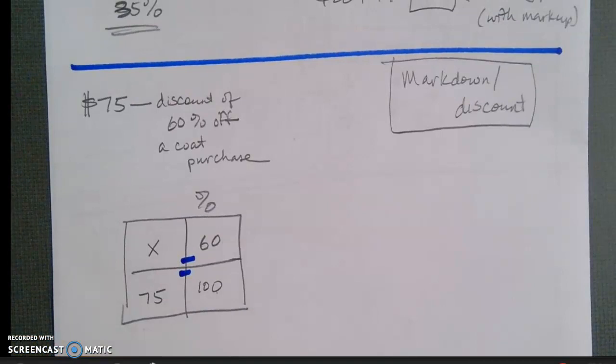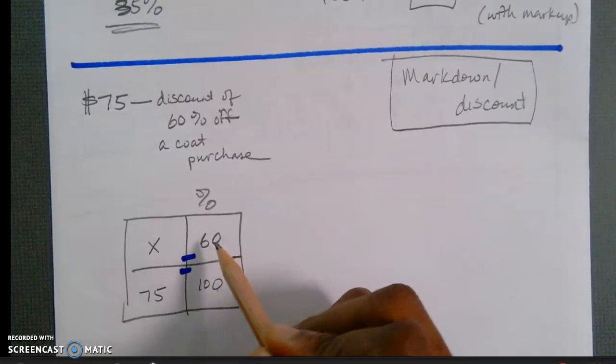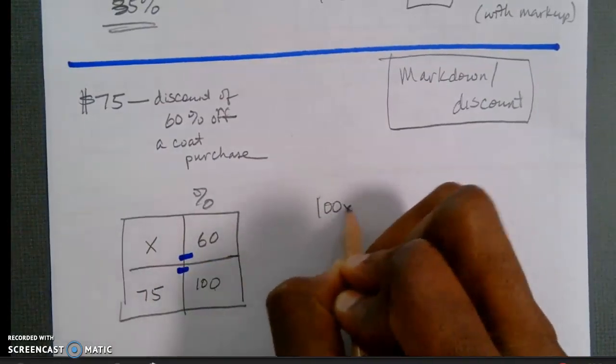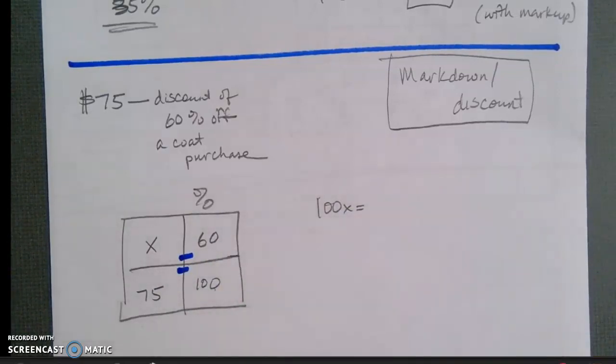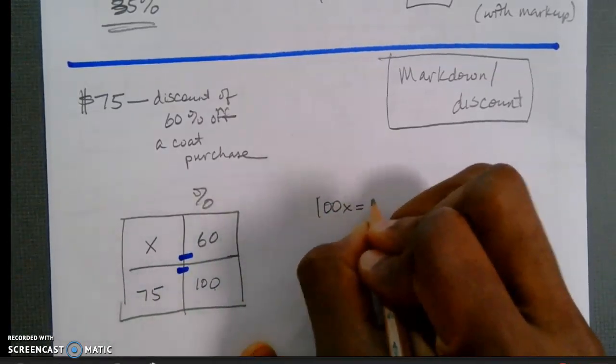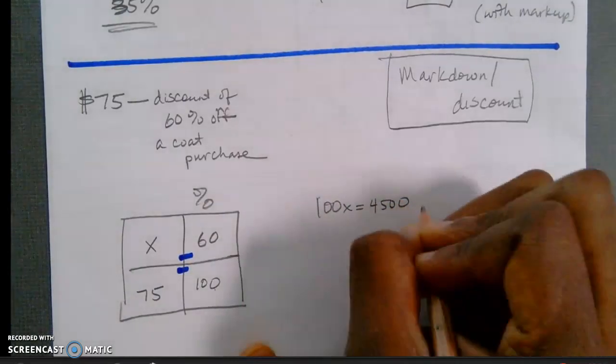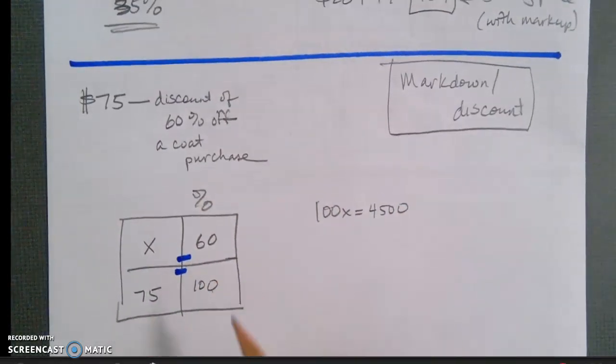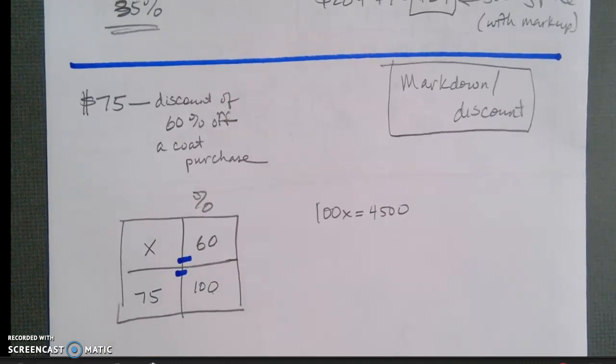So let's go ahead and set up our equation again. After cross multiplying, I know that 100x is equal to 4,500, because when I cross multiplied these, they came out to be 450. Add a 0, it's going to be 4,500.